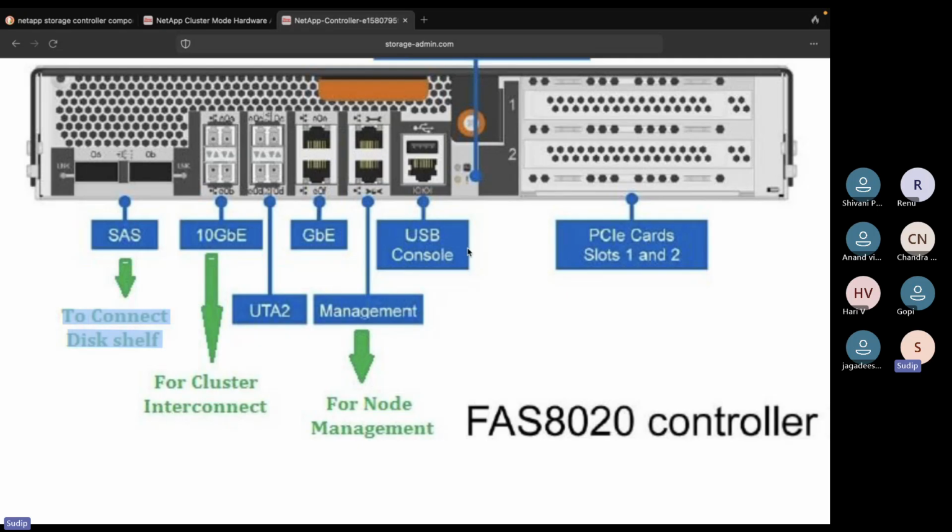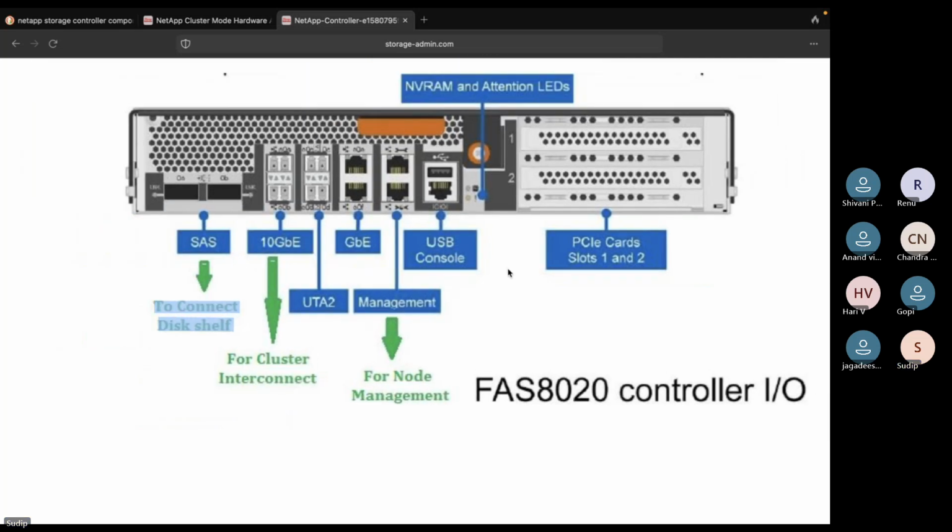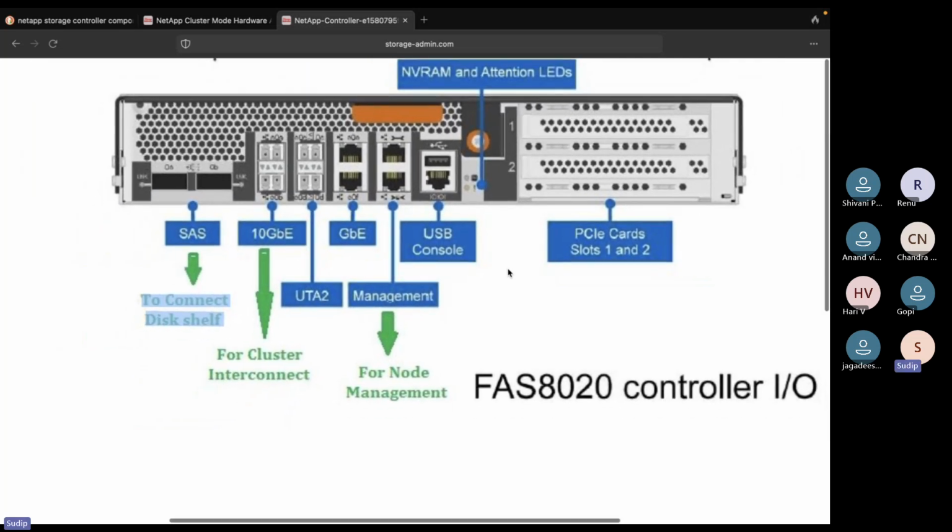So if you want to connect a USB keyboard or a mouse and then operate directly, we can do that. And then here is where you also have the cache memory and LEDs. So NVRAM, non-volatile RAM, is there inside the controller, which is nothing but the cache.